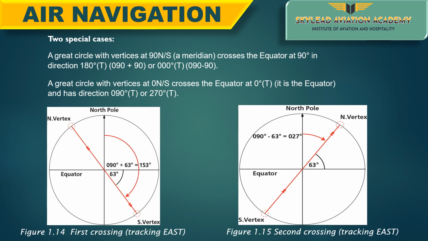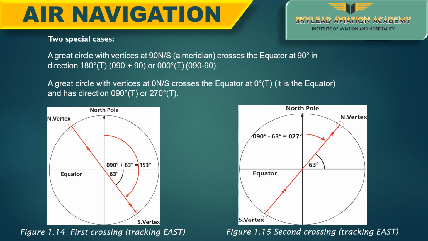In figure 1.14, eastbound would be 90 degrees plus 63 degrees, which equals 153 degrees. In figure 1.15, having passed the southern vertex, still traveling east, the track angle at the second crossing of the equator would be 90 degrees minus 63 degrees, which equals 27 degrees.